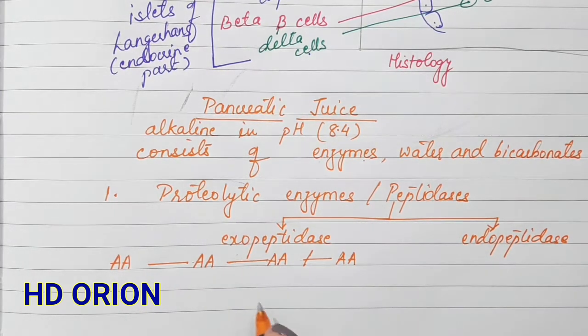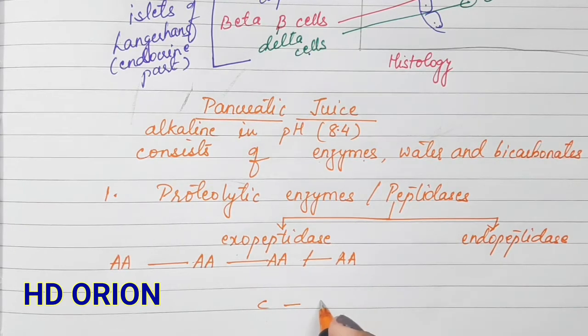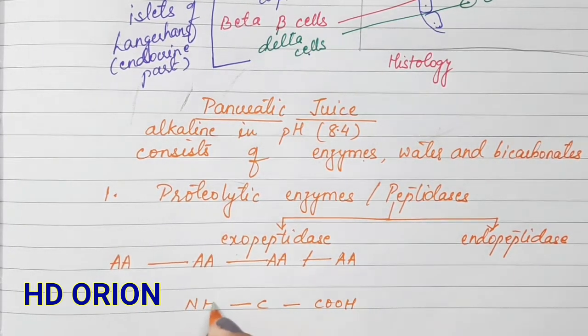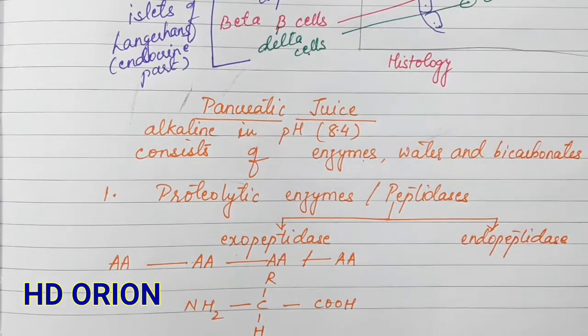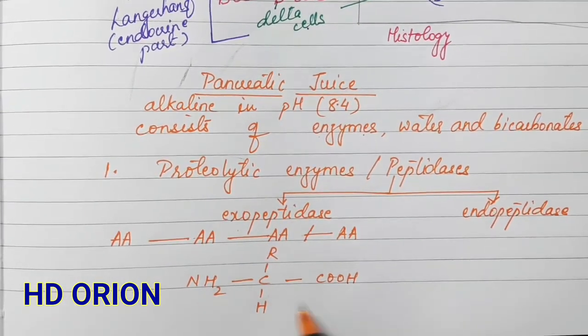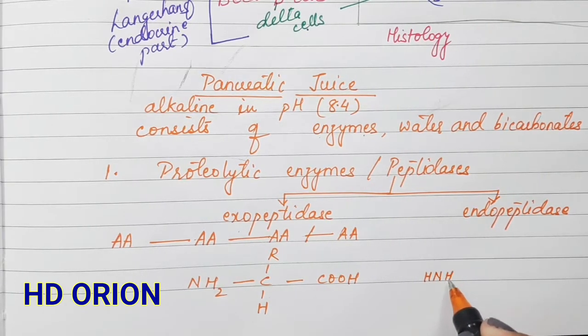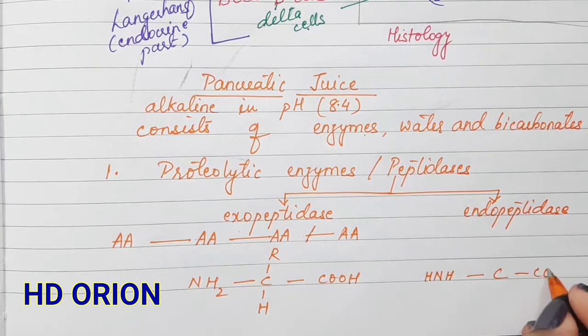What are amino acids actually? The amino acids are having at the terminal ends, this is the structure of one amino acid. So if another amino acid is present over here, let me write NH2 in this manner. So NH2 is over here and the same structure is present here.